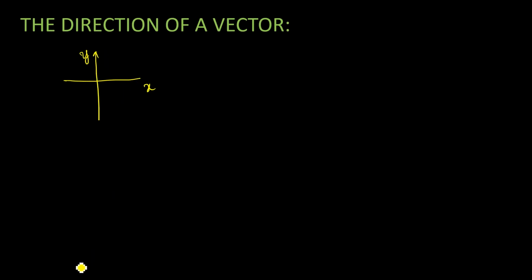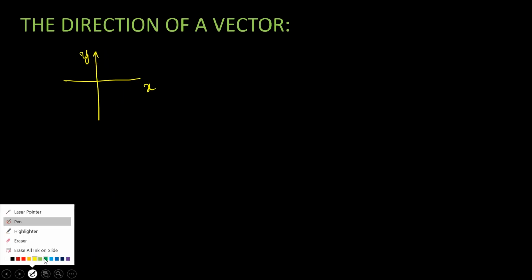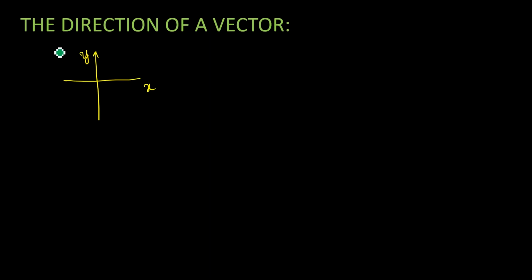If I want to represent the direction of the vector, we have to take it from the positive x-axis in the anti-clockwise direction. This is the positive x-axis, this is the negative x-axis, negative y-axis and positive y-axis.